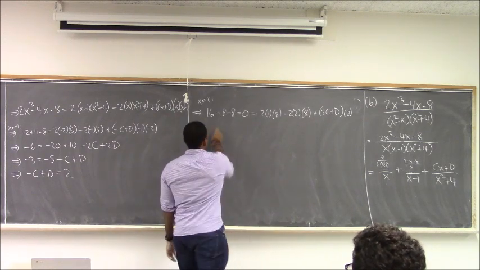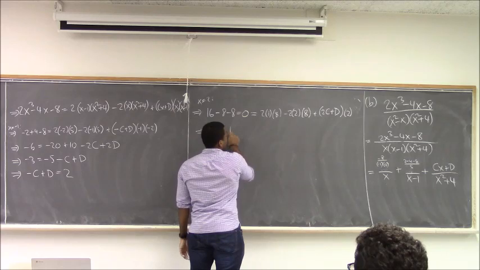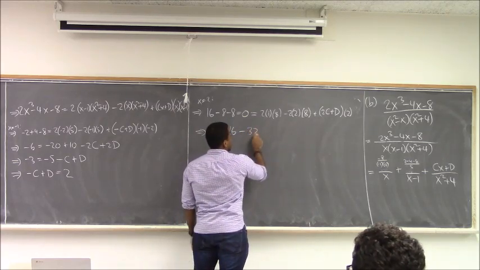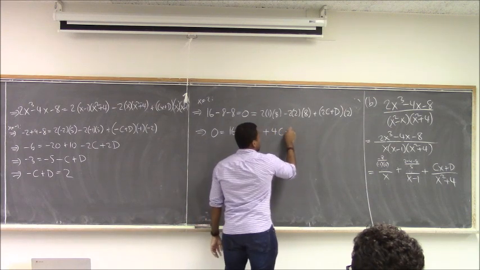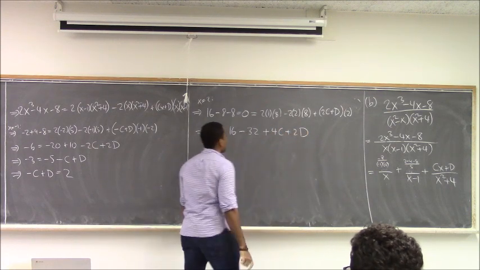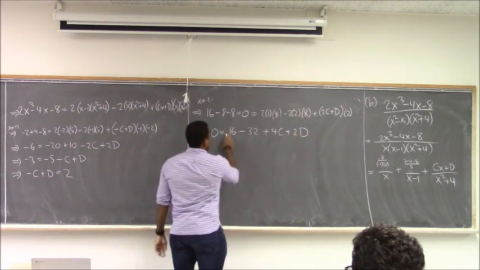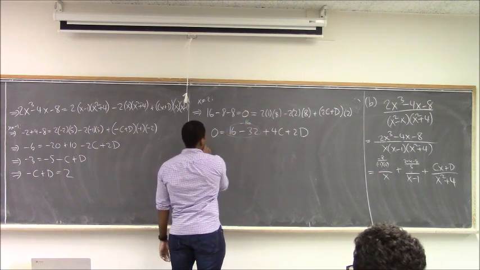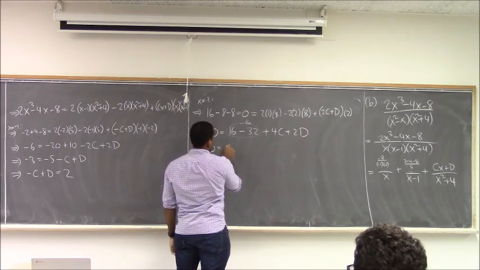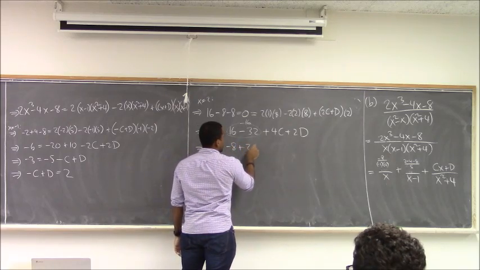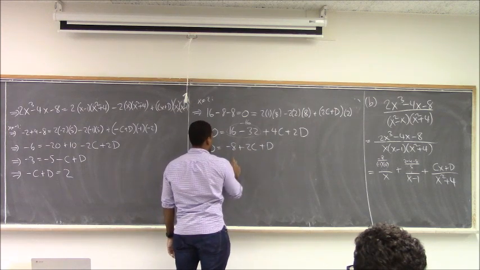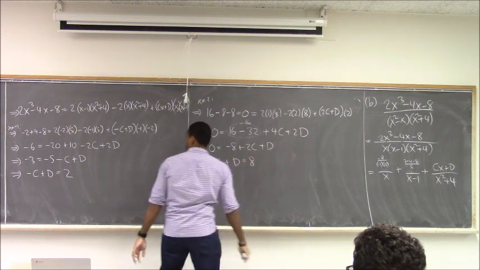So what does that mean? 0 is equal to 16 minus 8 times 4 is what? 32 plus 4C plus 2D. So this here is a -16. I can divide through by 2. So this is 0 equals -8 plus 2C plus D. Or in other words, I get 2C plus D equals 8.